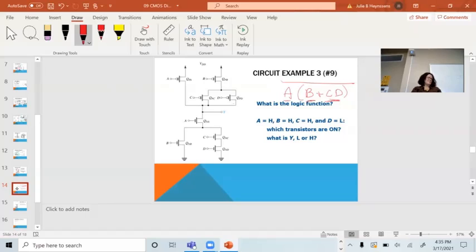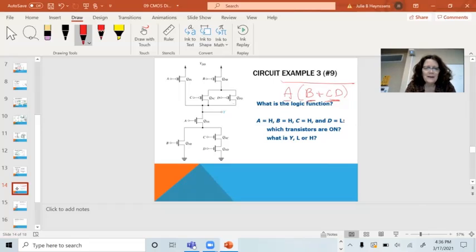I always go for the NMOS first because if they're in parallel, it's an OR, since I can go one way or the other. But whichever one's easier for you, do that one first and then check it with the other one. That's usually helpful. You've got something on the diagram to double check your work, so you're probably okay.